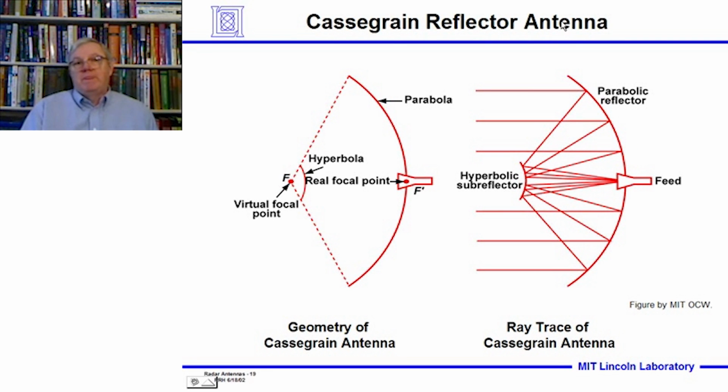reflector antenna. If there are any of you out there that deal with telescopes, Cassegrain is one of the optical designs that telescopes use. There's also a Gregorian design, which I won't get into in this lecture at this detail.